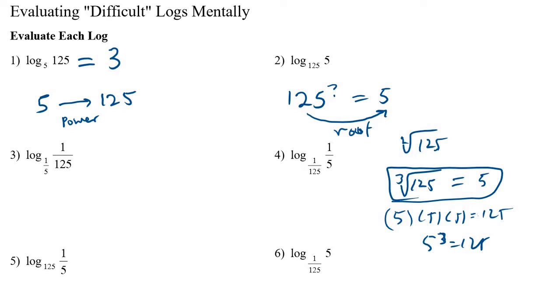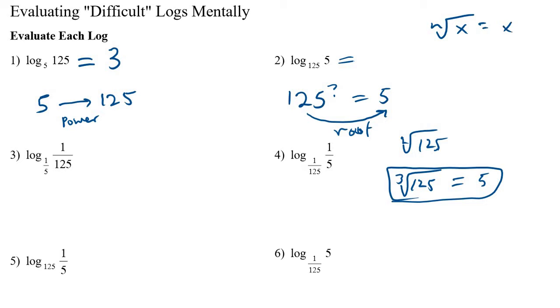Now, the next thing I'm going to think is, how do I write a cube root as an exponent? Because a logarithm is an exponent. I need an exponent, I don't need a root. I'm going to remember that a root can be written as an exponent. The general rule is that the nth root of x is the same thing as x to the power of 1 over n.